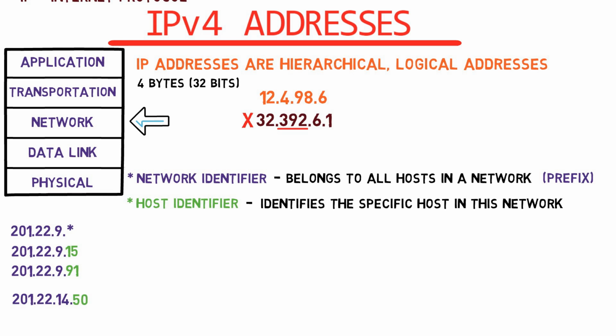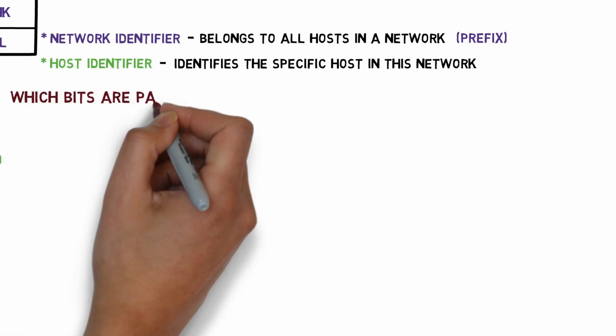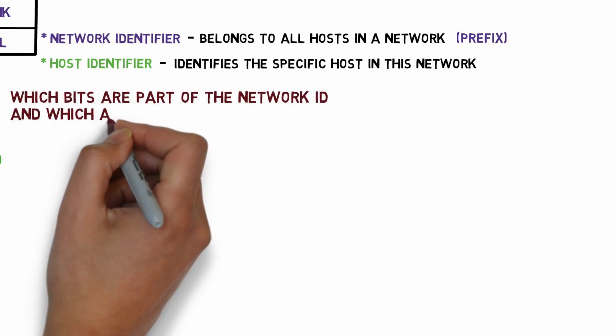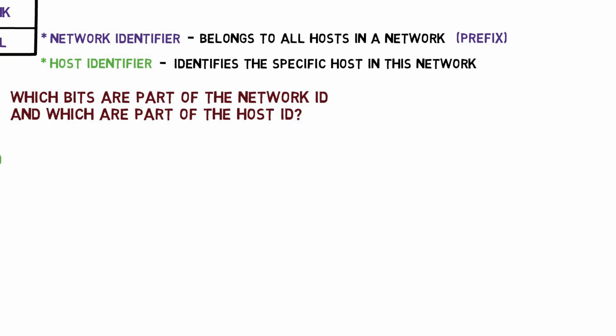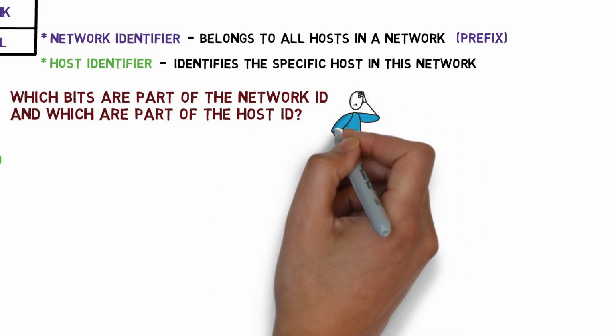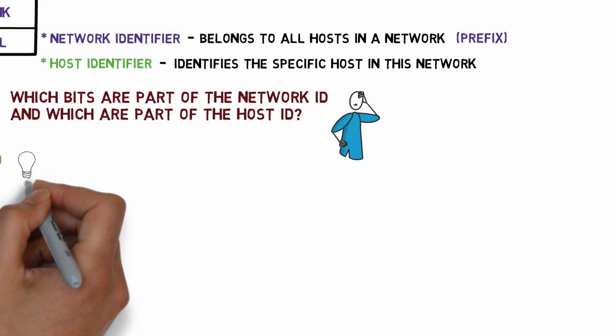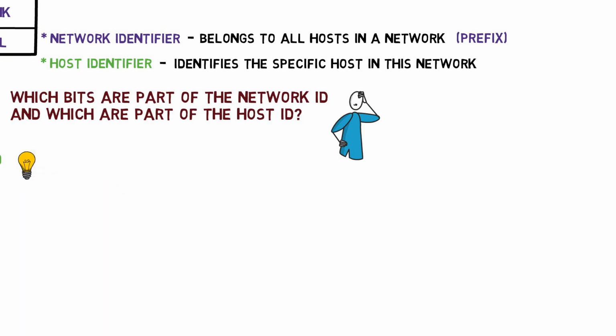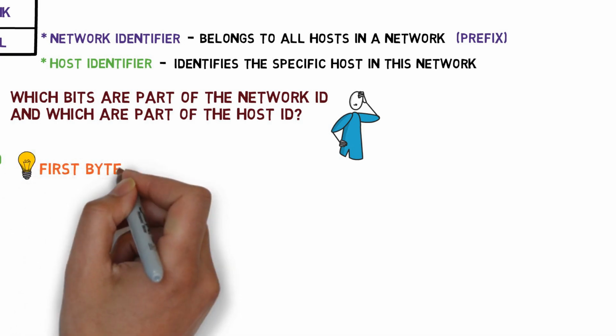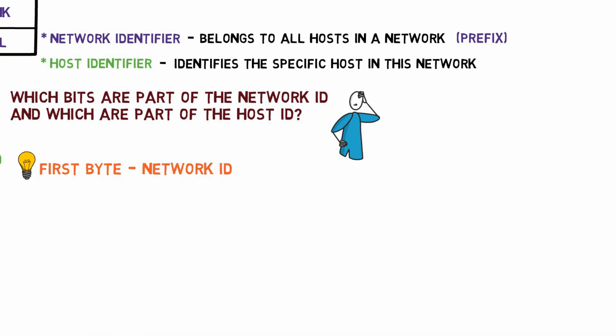In this example, we had a network identifier consisting of 3 bytes or 24 bits, and a host identifier consisting of a single byte or 8 bits. A question arises then: how do we know which bits are part of the network ID and which are part of the host ID? Well, let us consider the following solution. Say that for every IP address, the first, most significant byte would be the network ID, and the remaining 3 least significant bytes would represent the host ID.